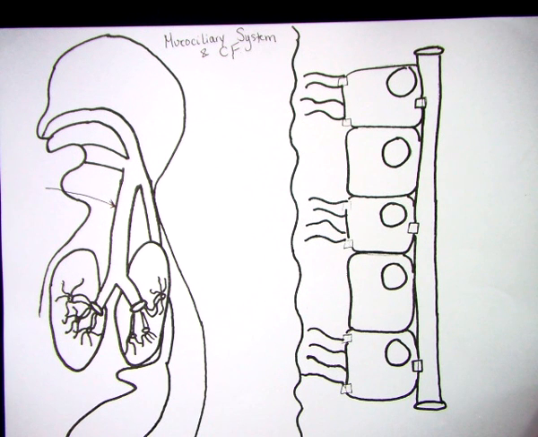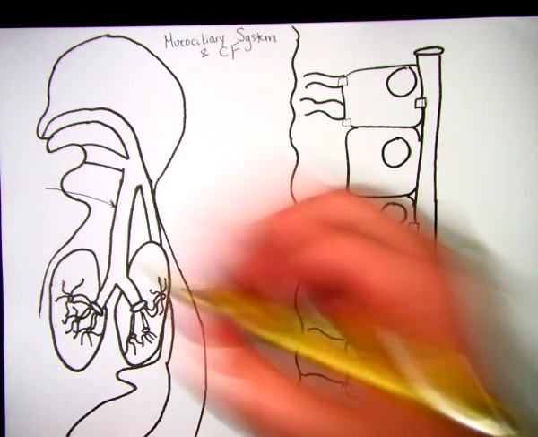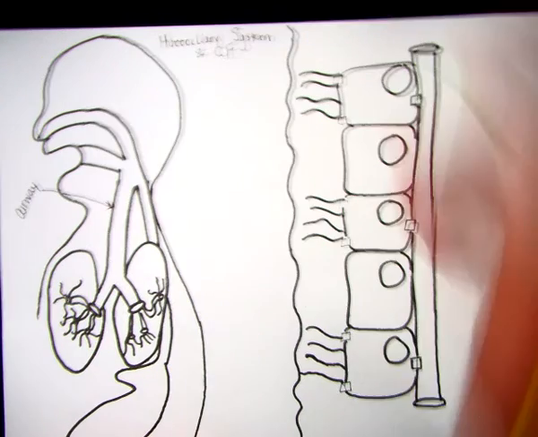So, this is a side view of a person with the organs that are of relevance outlined. So, this tube right here down the middle, this is our airway.